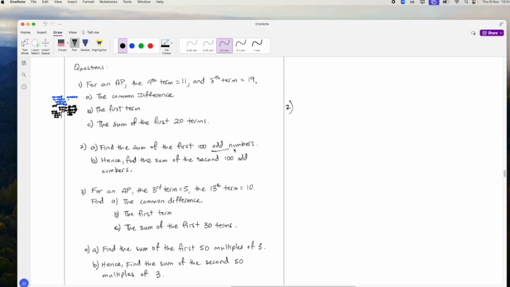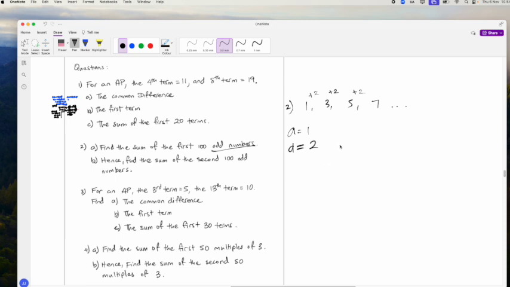The odd numbers start from 1, 3, 5, 7, and so on. In this case, a is 1, and the common difference is 2, because if you add 2 to each term, you get the next term in the series.